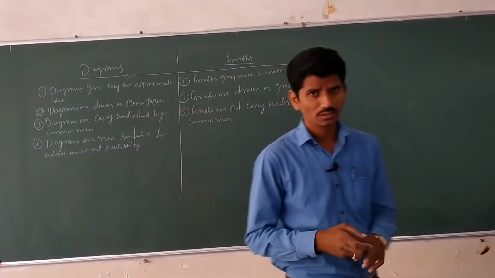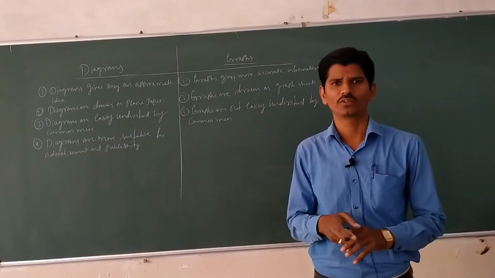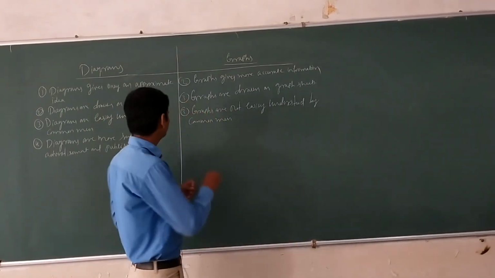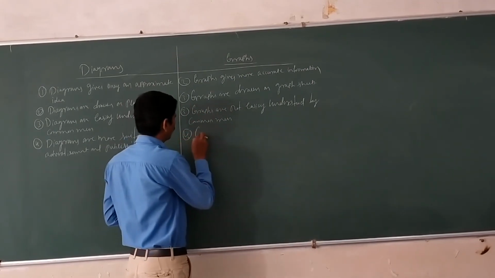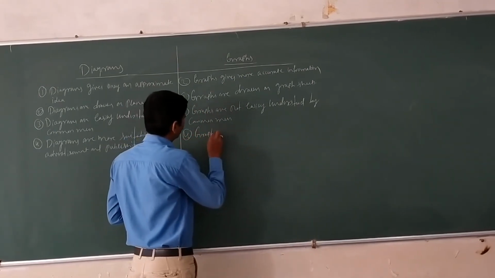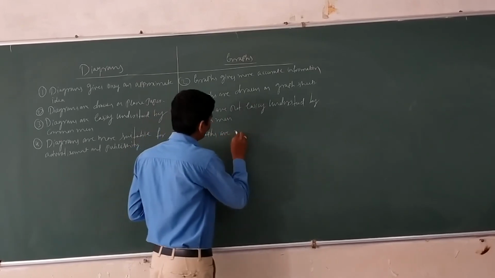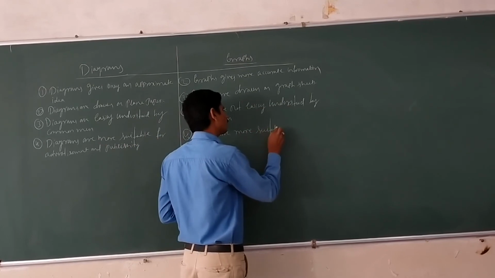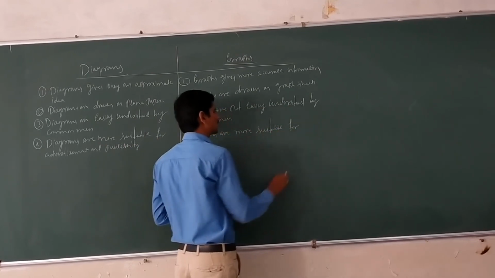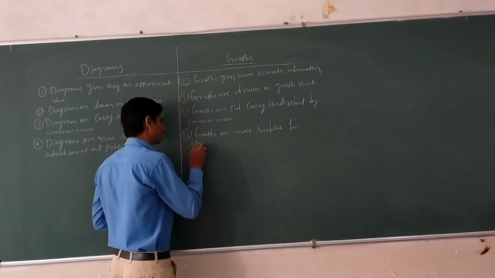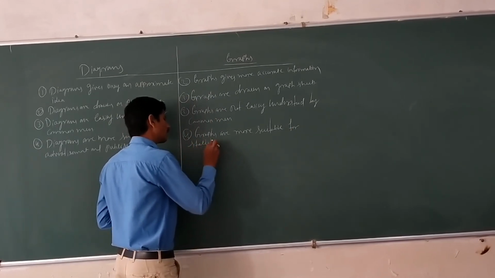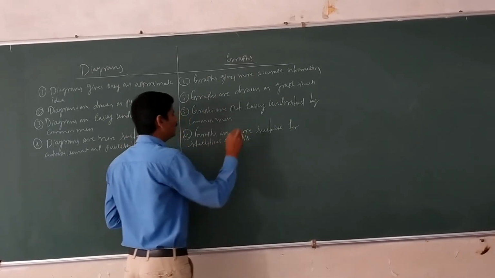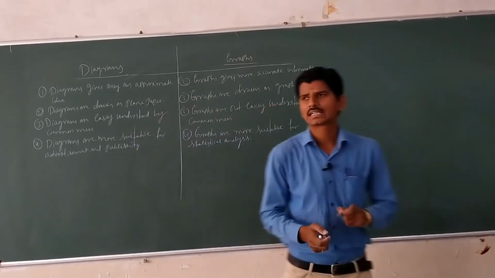Diagrams are used for advertisement or publicity purposes. And graphs are more suitable for statistical analysis.